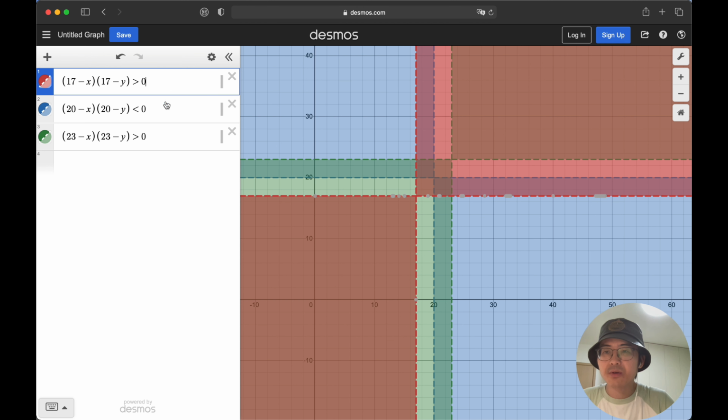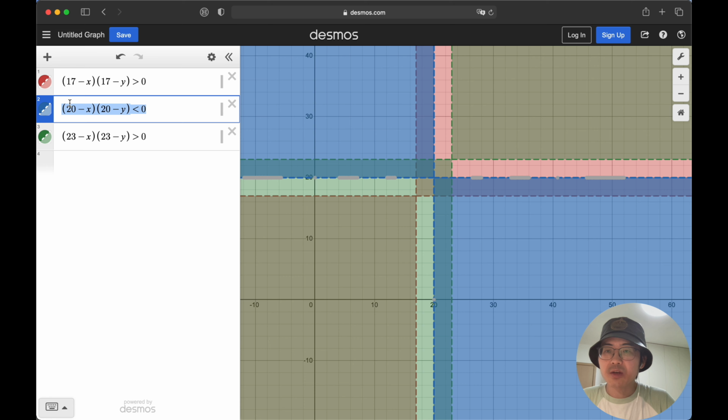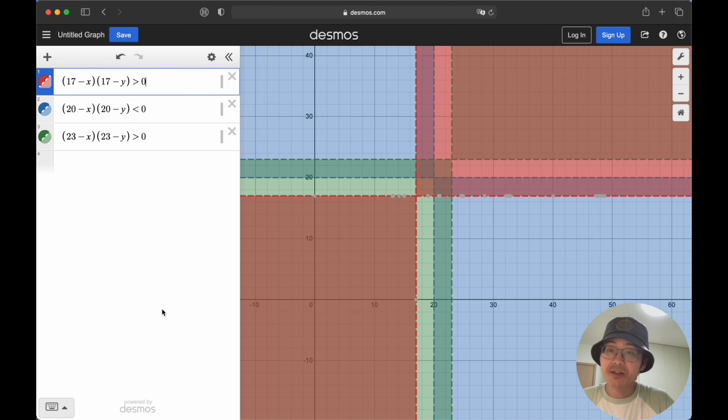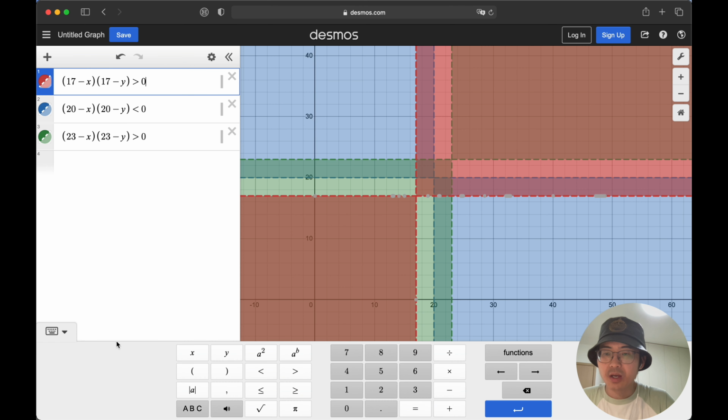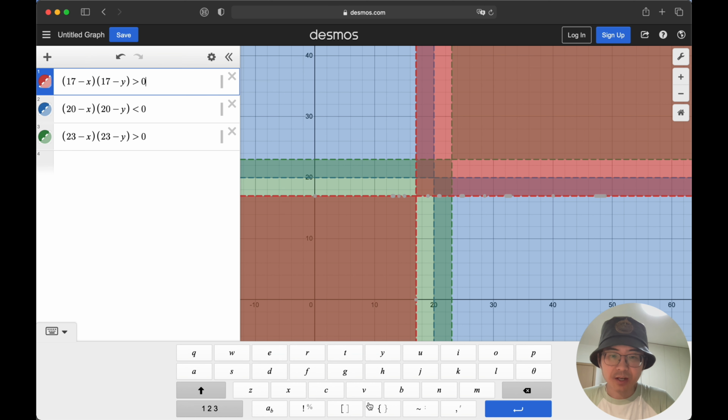So for example, if I want to put the second inequality into a parenthesis, this is what I'm going to do. The parenthesis is something like this one. You can find it on the keyboard or on the keyboard of Desmos.